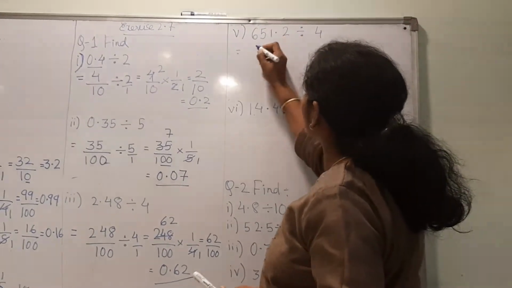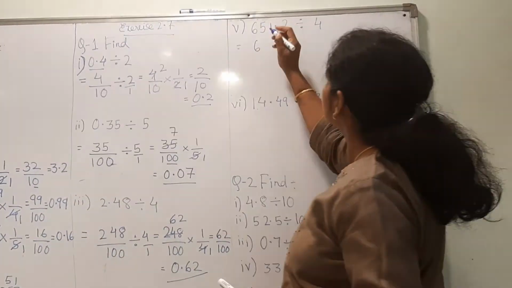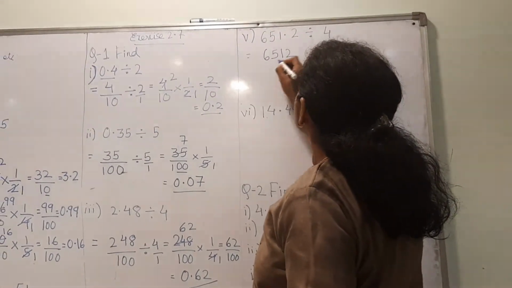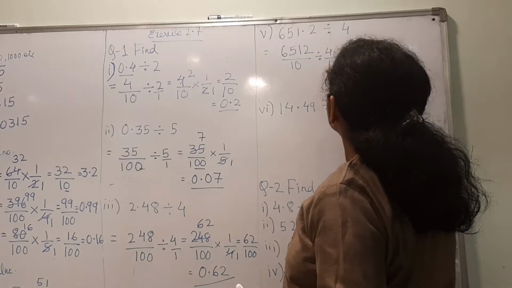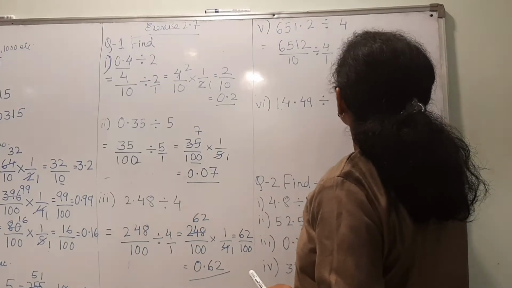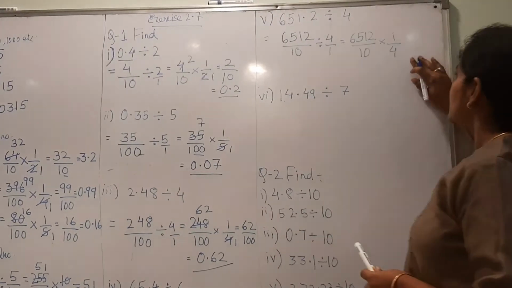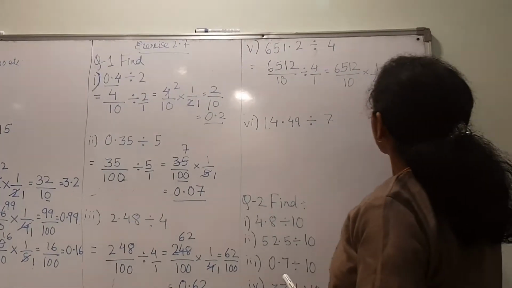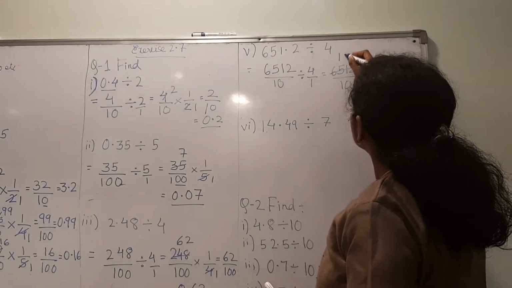Now fifth one. 65.12 divided by 4. Before 1 digit point is placed, remove that. Divide by 10. Now take the reciprocal. So directly it goes by 4.